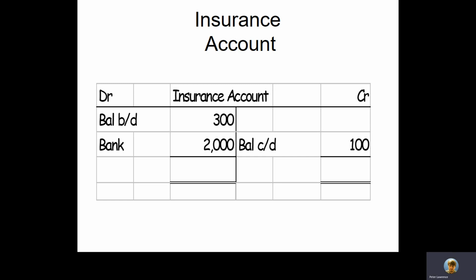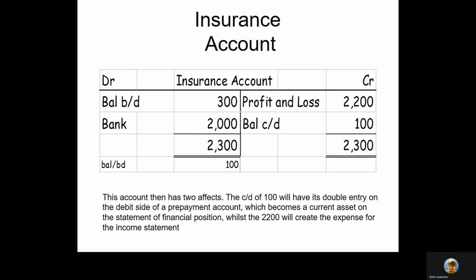Again, we're going to do a triple entry on this carried down, which you'll see. So there's the first entry. And we've got the second entry where we bring it down underneath the totals. So the carried down of 100, because it relates to the next financial year. So we bring it down. So at the start of the next financial year, they'll know they've got £100 worth of insurance to use.